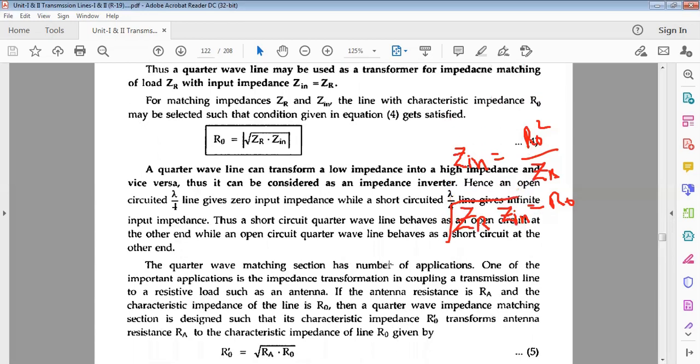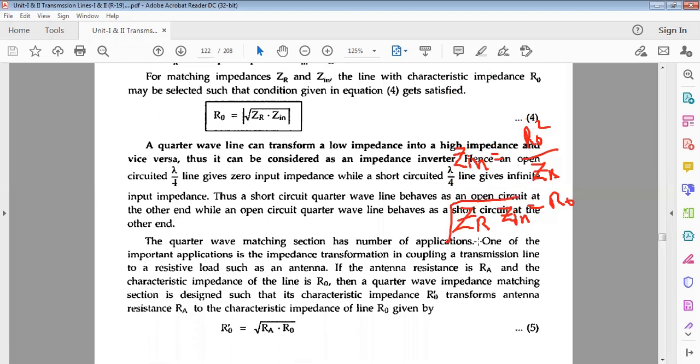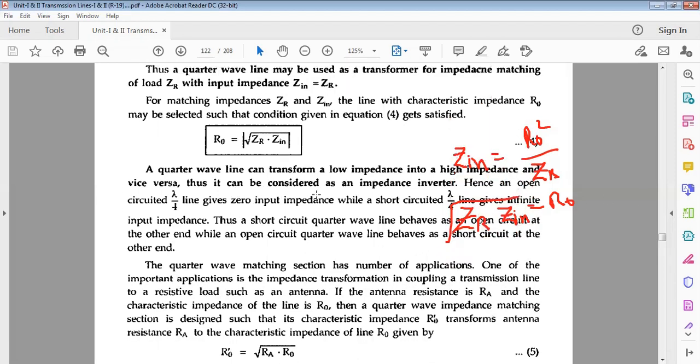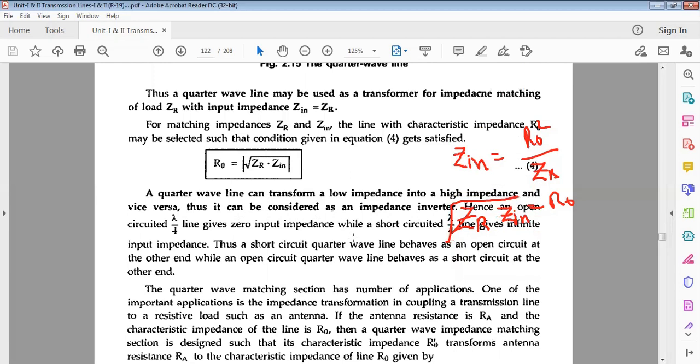The quarter wave matching section has a number of applications. One of the important applications is the impedance transform in coupling a transmission line to a resistive load, such as an antenna. You'll get this in antenna and wave propagation. So up to this, you can know the lambda by 4 transmission line is nothing but impedance matching.